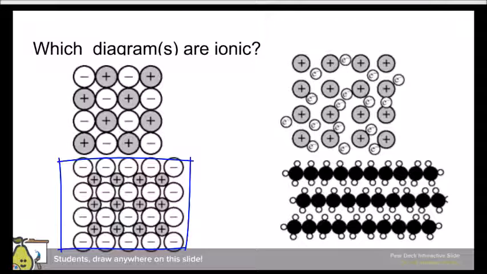What's the difference between the two? Well, the top one, it's got similarly sized ions. And remember, we talked about radius in terms of periodic trends. Well, if you're talking about radius, then you're talking about the size of ions. So we also have to keep thinking about those periodic trends and Coulomb's law, even when we're talking about bonds.